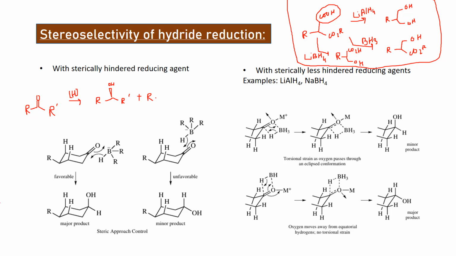You know what they are? These are enantiomers of each other. Based on the nature of the reagent, one enantiomer will form in a greater amount and another in a lesser amount, like one will be major and another minor. That is called stereoselectivity.